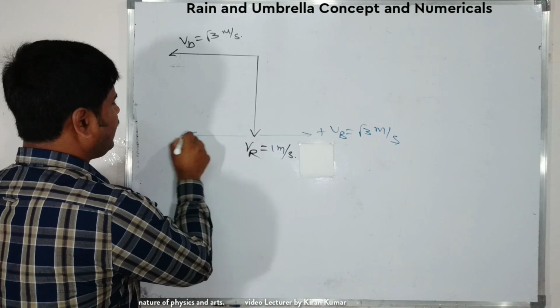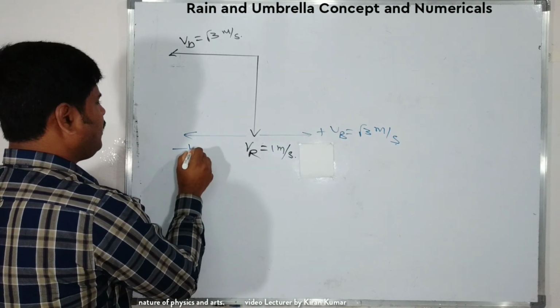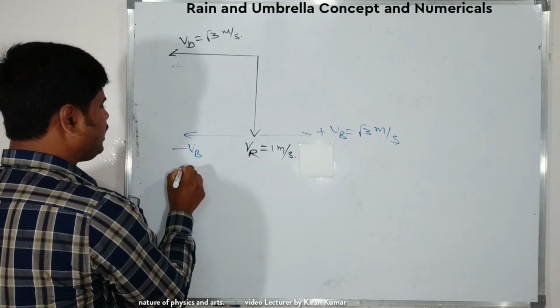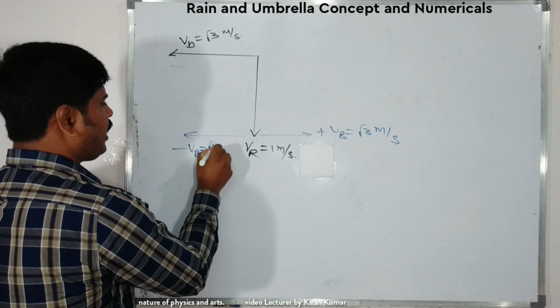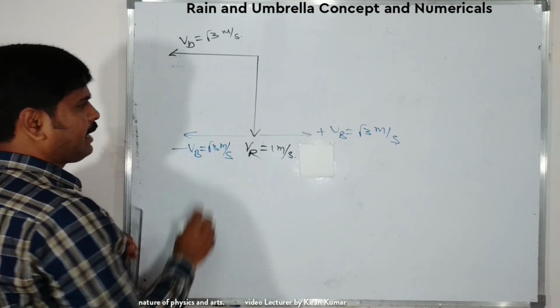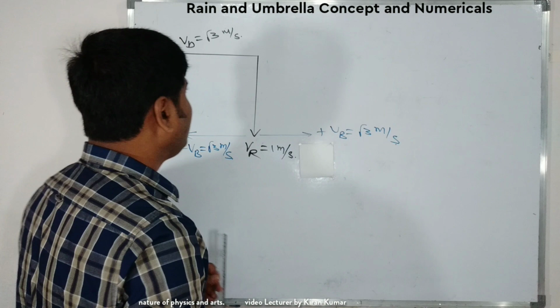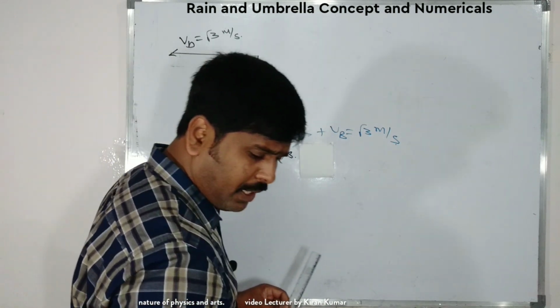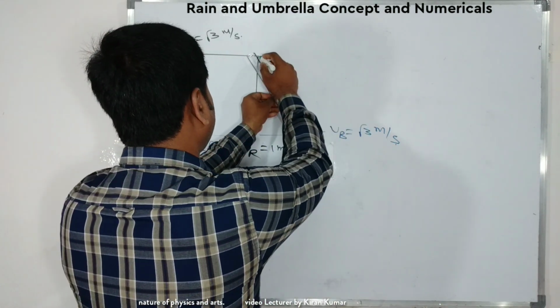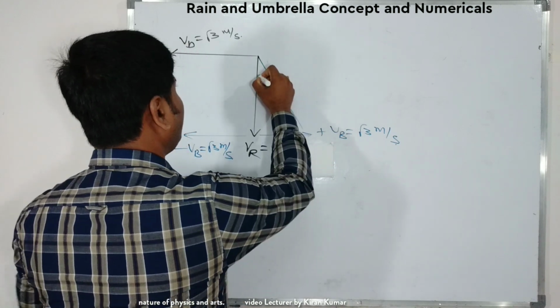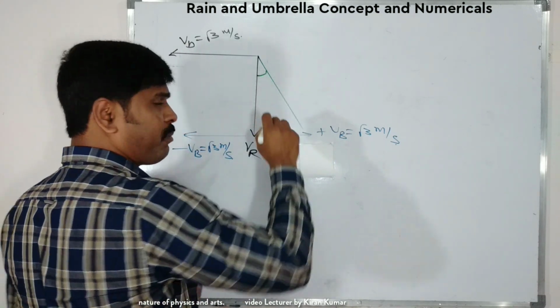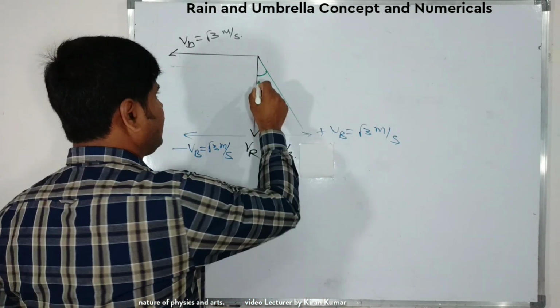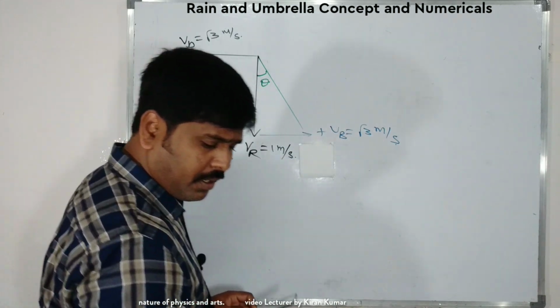She should hold the umbrella in this direction, making an angle theta here, and only then can she protect herself from the rain.